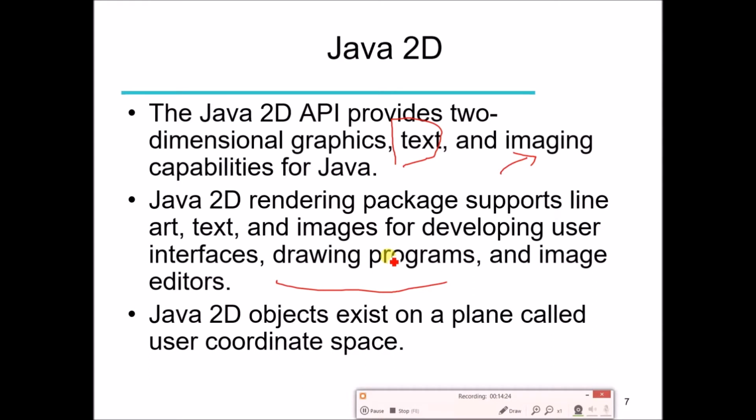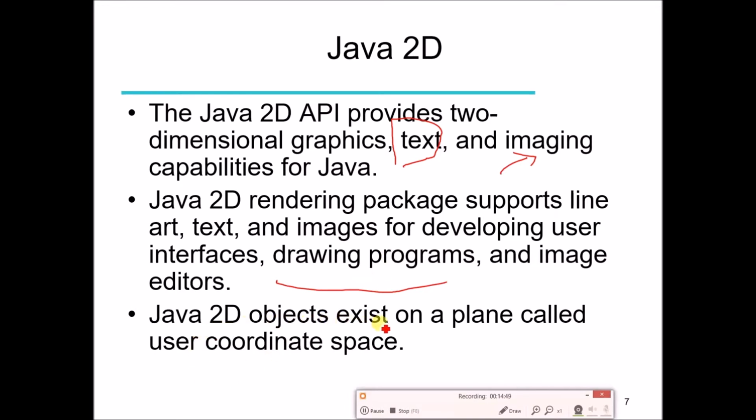As you have seen, Microsoft Paint is also like a drawing program. A similar program can be developed in Java, and developing such programs in Java is not very difficult. You will have the capability after this course to develop a simple image editor.